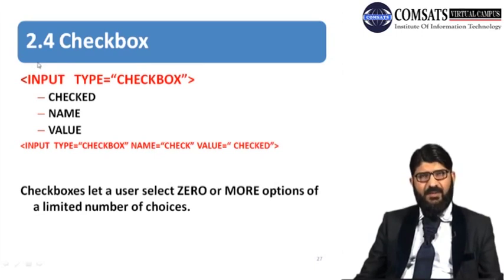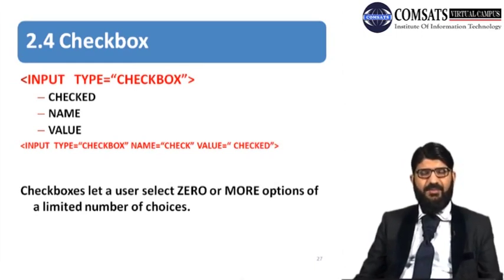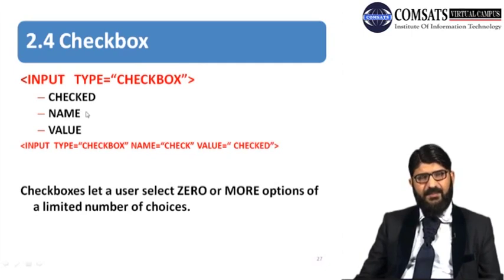The next input type for the form element is checkbox. So input type is checkbox. It has three options. The values are checked, meaning it can be checked, the name of the field and the value of the field.